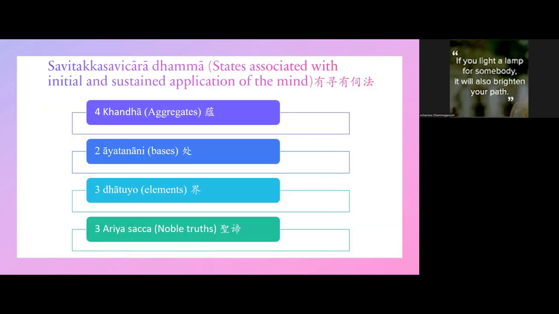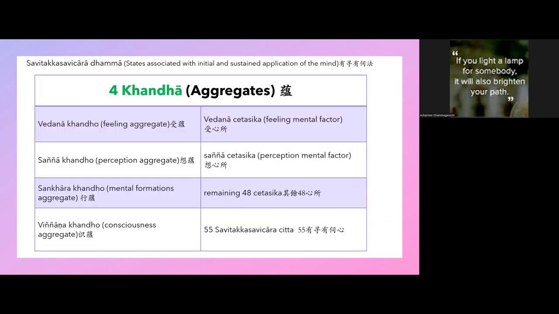Now, the analytical states coming under savitakkasavicārā dhammā are classified under 4 khandha, aggregates, 2 bases, 3 elements, and 3 ariya sacca, noble truths. Let's first look at the aggregates. There are 4 khandha classified here, because we don't get rūpa classified under savitakkasavicārā.